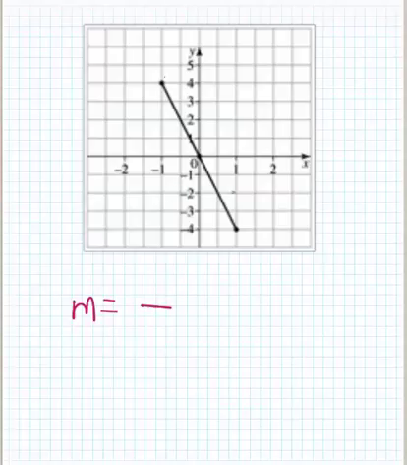Simply calculate the journey from 2 points. On this line given to us, there are 3 points that are clearly shown: here, the origin, and just here. I might just pick the journey between this point and this point. I've picked these 2 points. They're clear to me. I could have picked the origin, but let's just pick these 2.